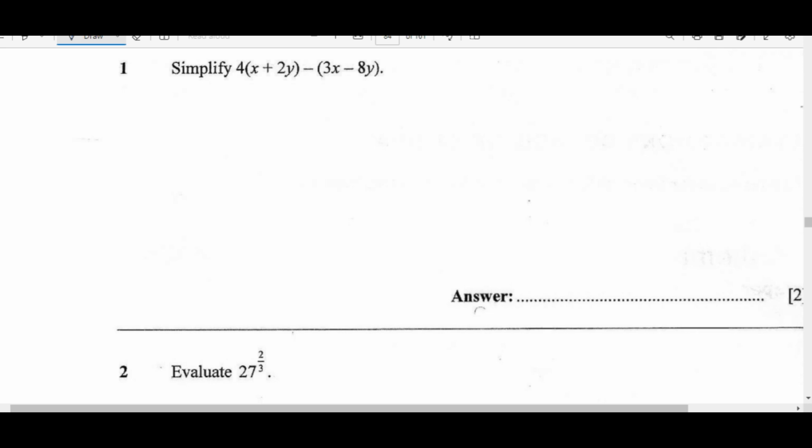Simplify 4 open bracket x plus 2y close bracket, minus, in brackets, 3x minus y.